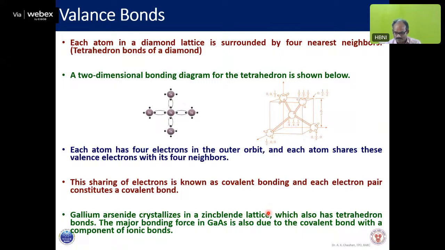If your 4 neighbors have properties which are exactly identical, then only you would like to share. No? So suppose I have a simple cubic structure in which I will have 6 atoms: one in x direction, one in minus x direction, another in y direction, minus y direction, z direction, minus z direction. So there will be an issue. There will not actually be equal sharing.